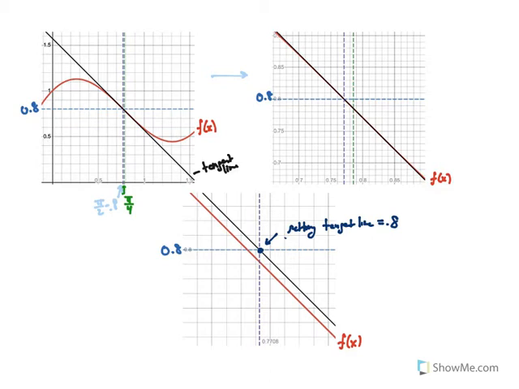And this was close to what we were actually looking for, setting f of x equal to 0.8. So one of the points of these pictures is that it takes a long time to zoom in to get to this point that we can see a difference in the function and the tangent line.